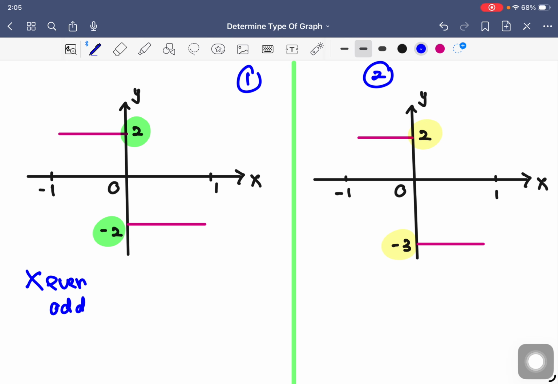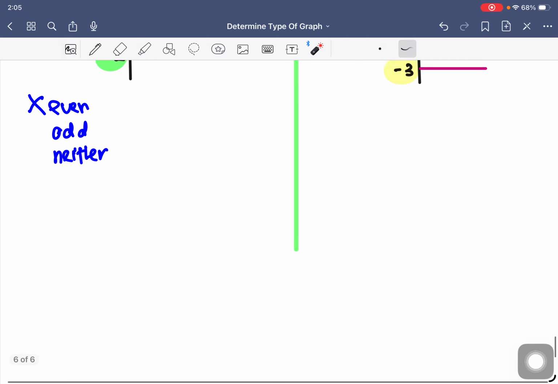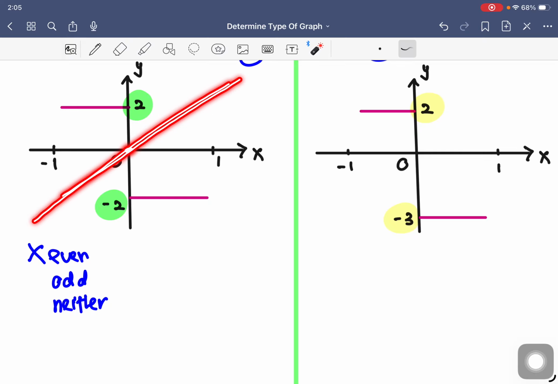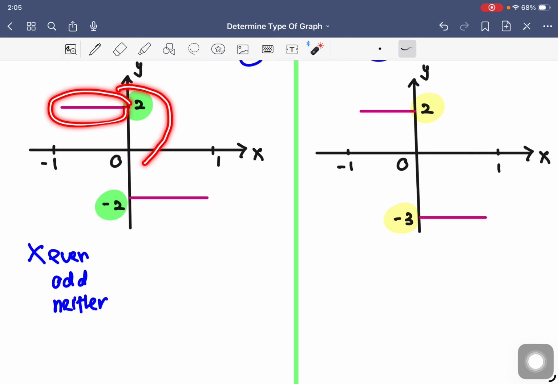So we have 3 choices, right? Even, odd, and neither. Okay, so in order to become odd, it must be symmetric about the origin. So now the origin here is 0, 0. So this is your mirror. So this pattern will be transformed to the bottom side. So we have positive 2 and this one is also negative 2.